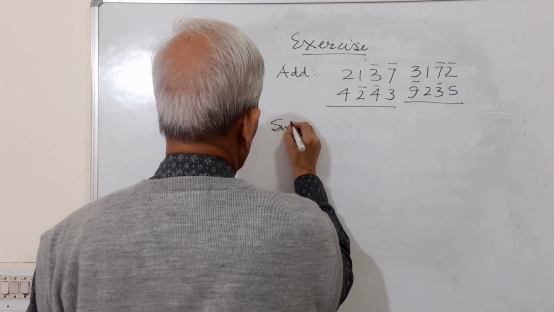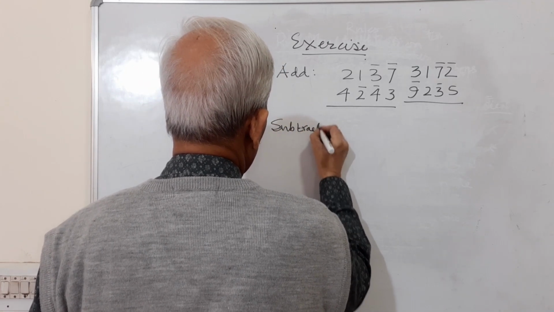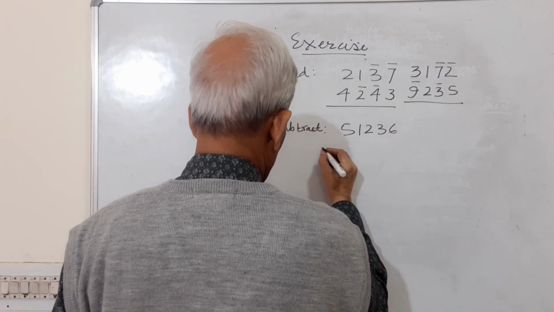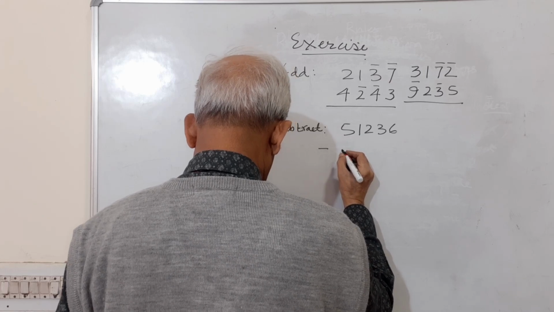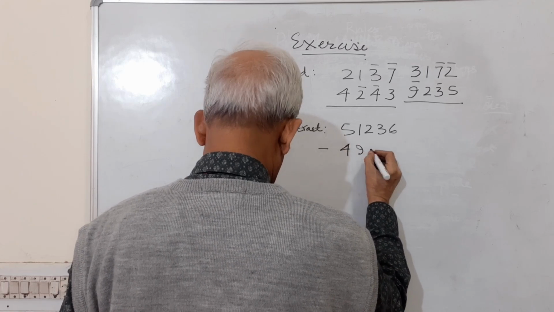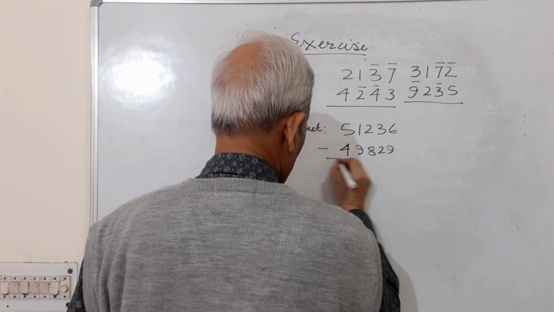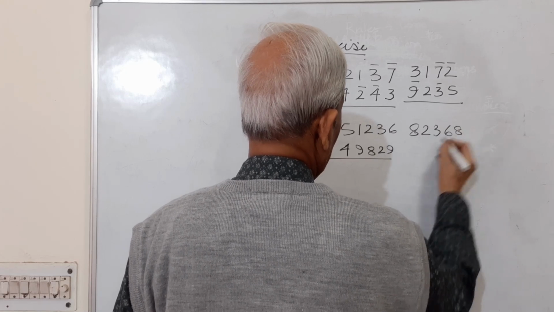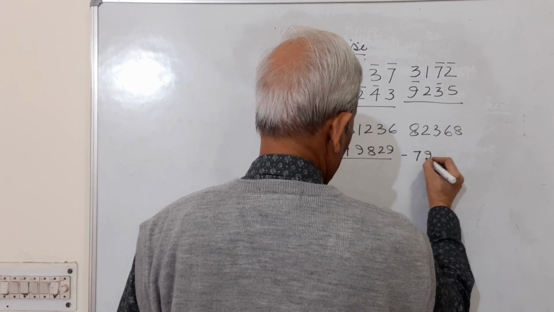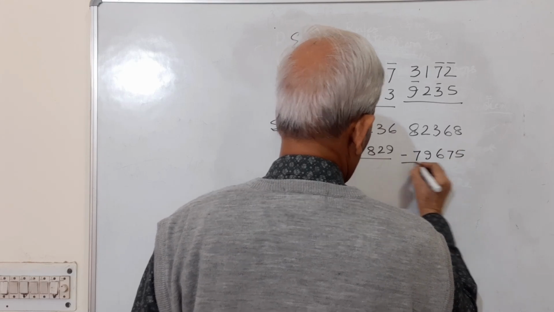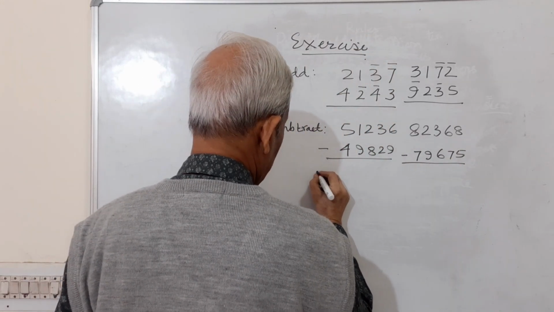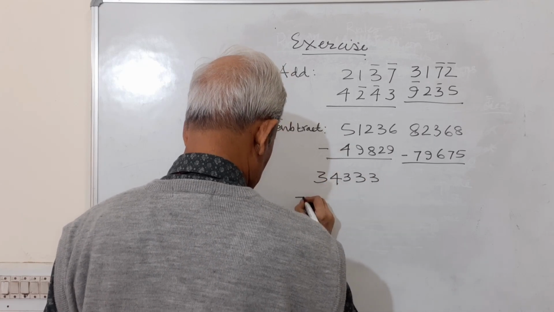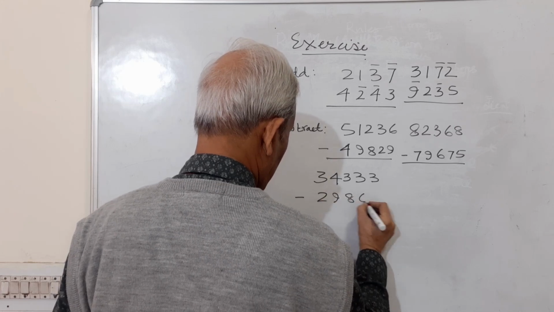Subtract. 5, 1, 2, 3, 6 minus 4, 9, 8, 2, 9. 8, 2, 3, 6, 8 minus 7, 9, 6, 7, 5 and 3, 4, 3, 3, 3 minus 2, 9, 8, 6, 7.